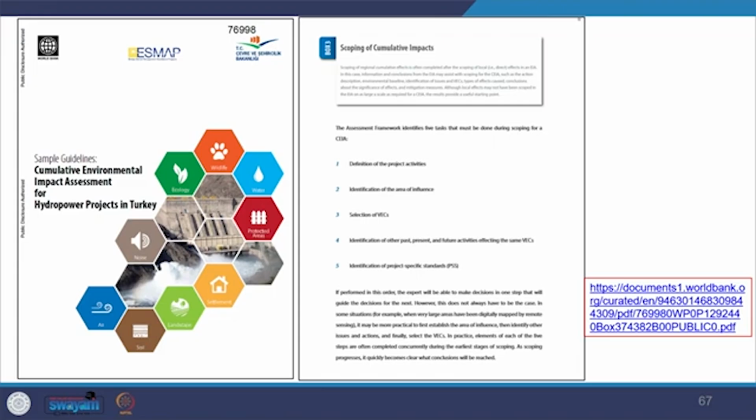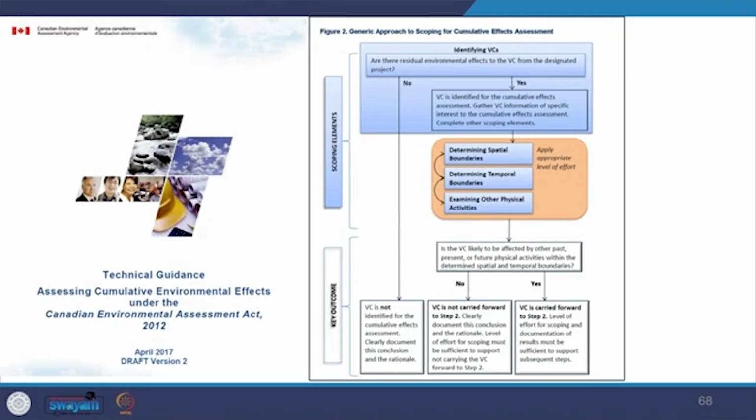And then you need to find out the past, present, and future activities, not all the activities, but the activities which will be affecting the VECs, and then identification of project specific standards. Related to that, what standards will be involved. So this is as per the sample guidelines.